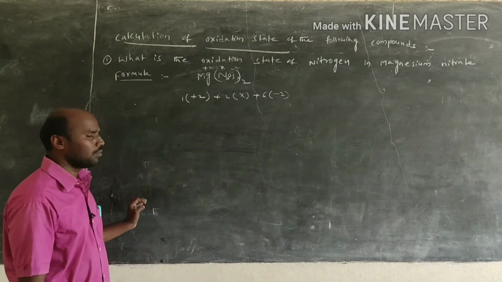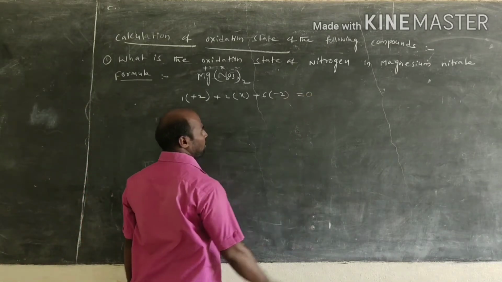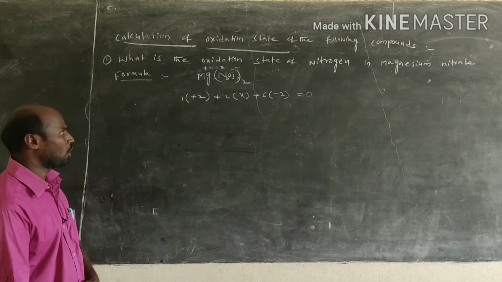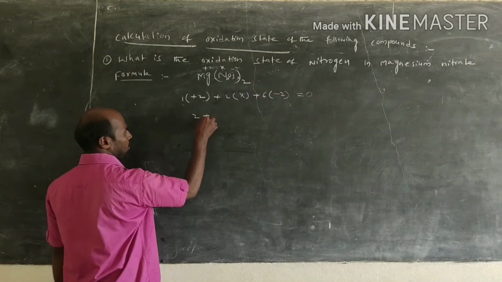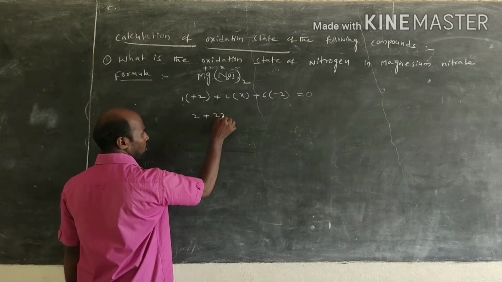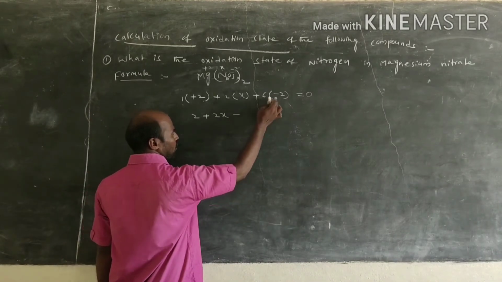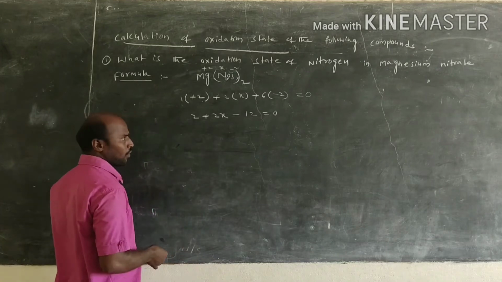It is equal to 0. The sum of all the oxidation numbers is equal to 0 for neutral compounds. So 1 into 2, that is 2, plus 2 into x, that is 2x, plus 6 into minus 2, that is minus 12, equal to 0.